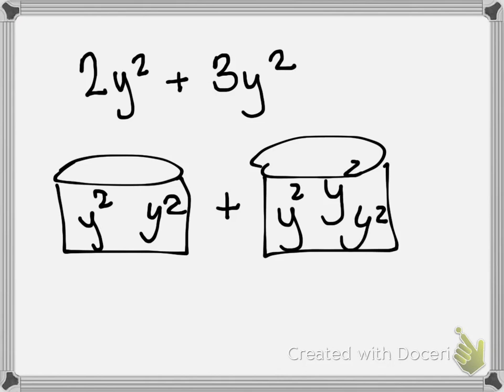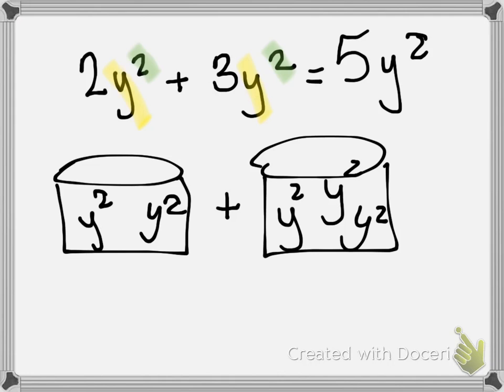Are the variables the same? Are the exponents the same? If the answer is yes to both of those questions, you may combine them, and you can write that as a simplified expression, which just basically means a compacted expression.